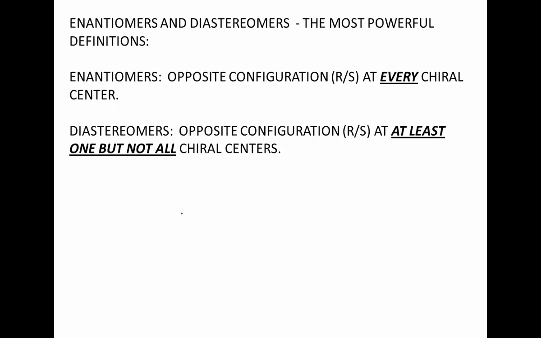Okay, so here is the definition of enantiomers and diastereomers that will serve you the best. These are the most powerful, all-encompassing definitions. Enantiomers, yes, they're mirror image isomers and all this good stuff, but what you really want to concentrate on is that they have the opposite configuration at every single chiral center, whereas diastereomers have the opposite configuration at at least one, but not all chiral centers.